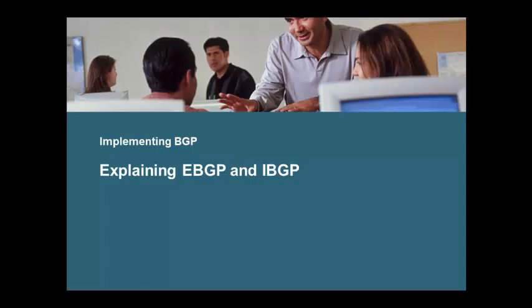But if you want that same information to be shared to the inside network of your office, you will be running BGP with the inside router of your own autonomous system. We call that relationship iBGP.